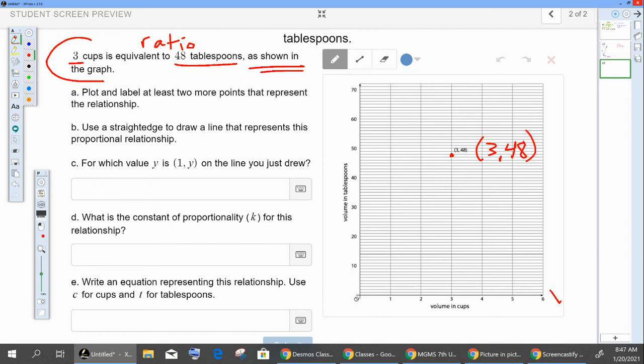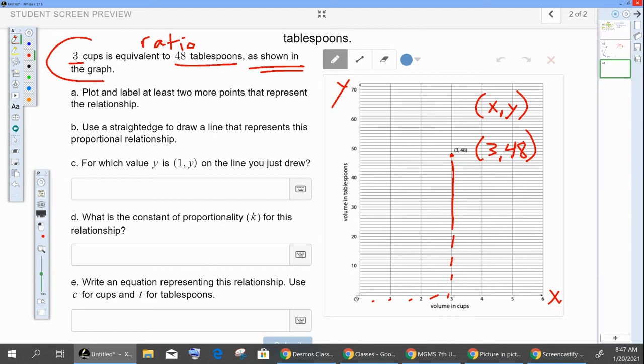Right, remember, this is the x-axis, this is the y-axis. Coordinate points are always written in XY fashion. So if you go over to 3, up to 48, right, over to 3, and then up 48, boom. That is literally showing 3 cups is equal to 48 tablespoons.